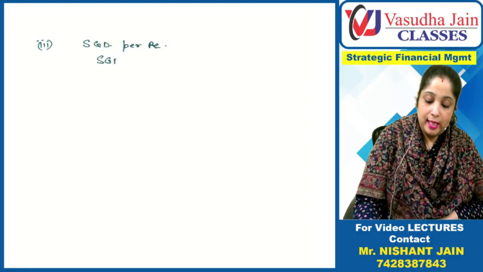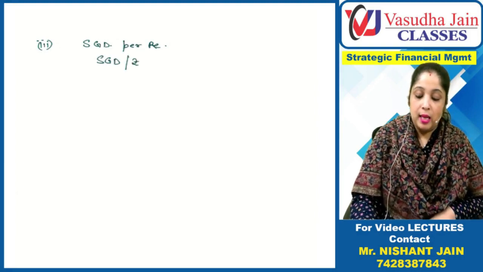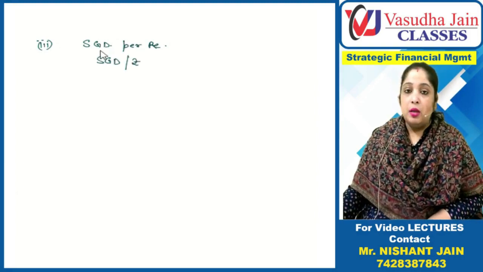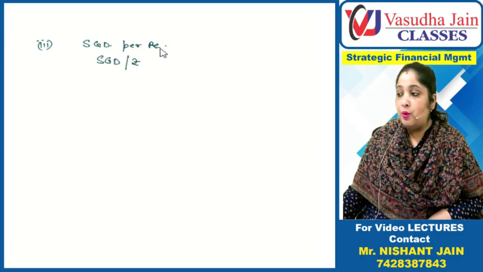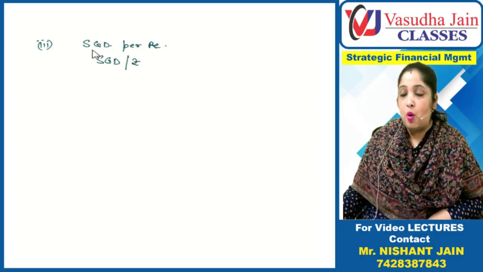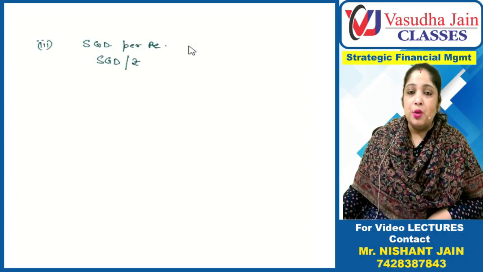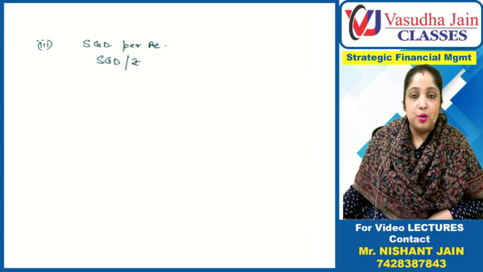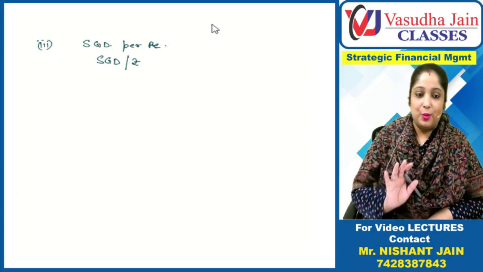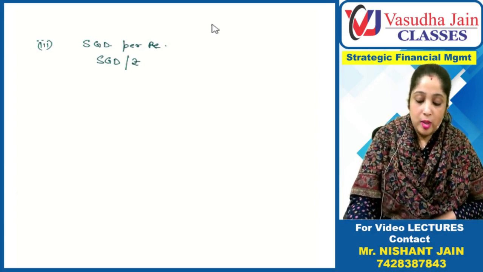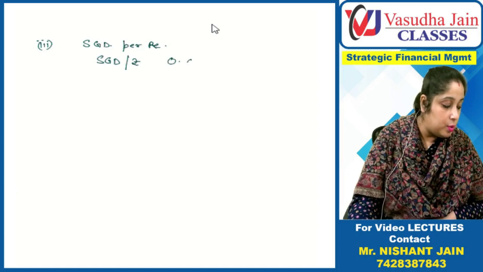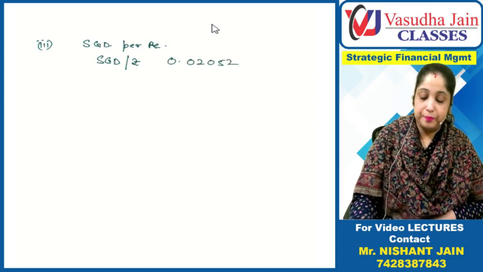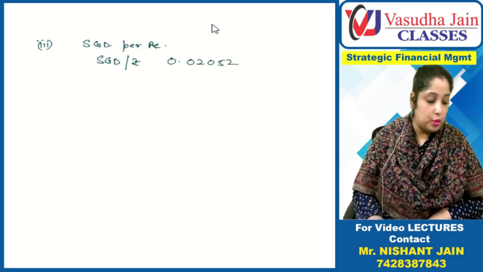Can you see they have sometimes used codes and sometimes symbols? For one currency they are using the code and for the other currency they are using rupees. So there are no set pattern standards for how the currency should be expressed in our exams. How much have they given in the question? They have given 0.02052.